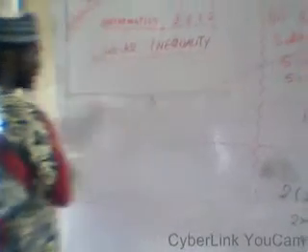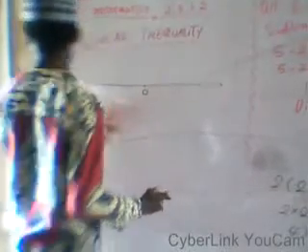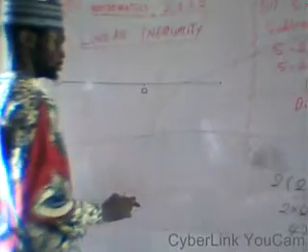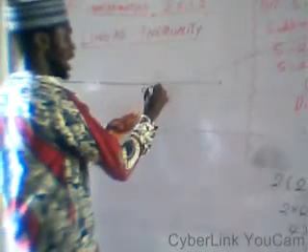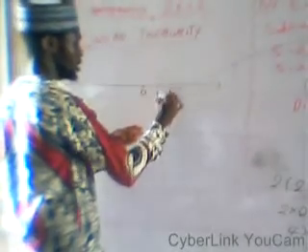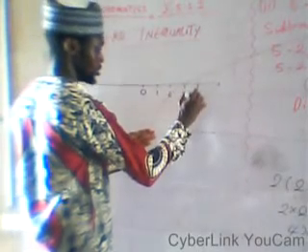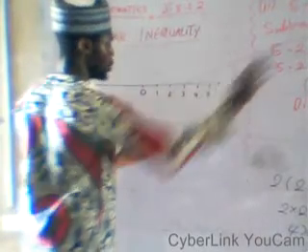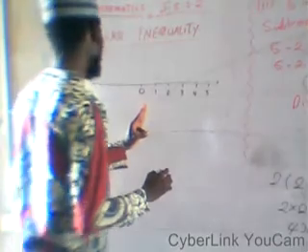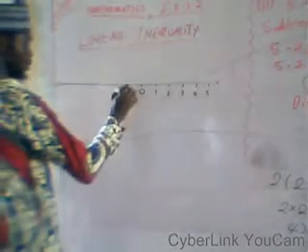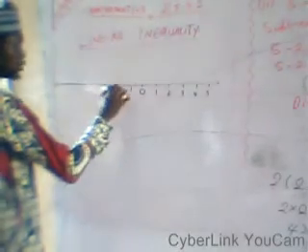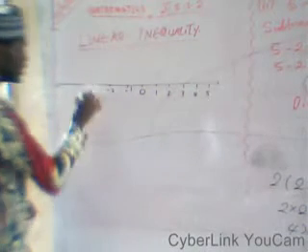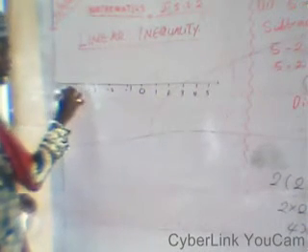This is the positive side, while this side is negative. I mean, your right side is positive, while your left side is negative. The values here are increasing positively, and so on, while the values here are decreasing: minus 1, minus 2, as we all know that minus 2 is less than minus 1, so minus 3, minus 4, and so on and so forth.